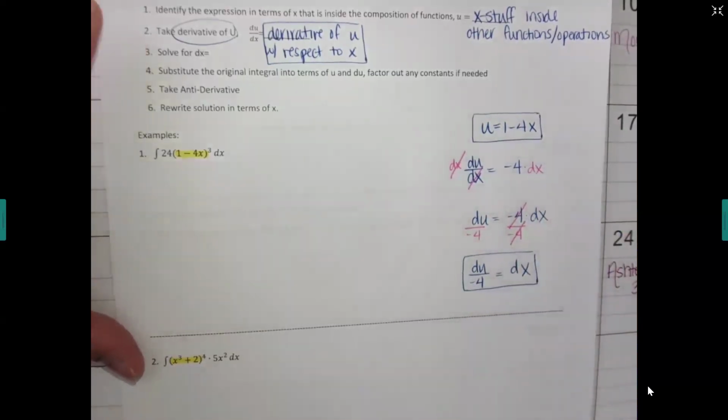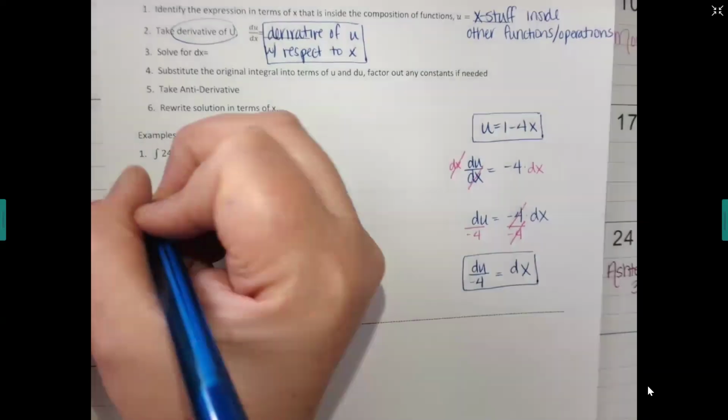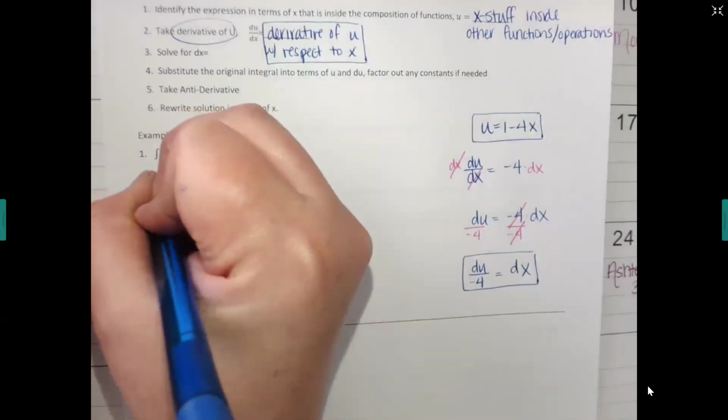We are going to use both of these pieces that you put in your box for step 4. Read what it says. We're going to take the original integral and substitute it into u's and du's. No more x's should be left after you substitute. So rewrite your integral. The 24 is going to stay the same.